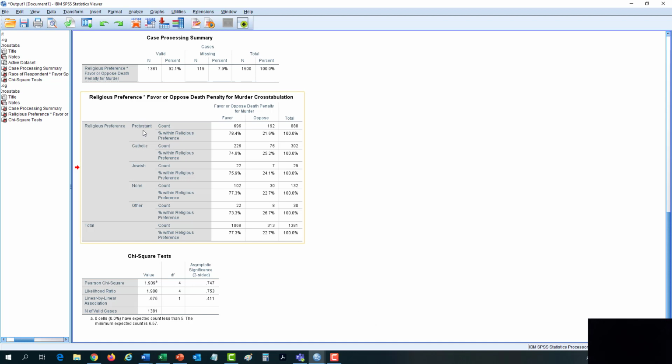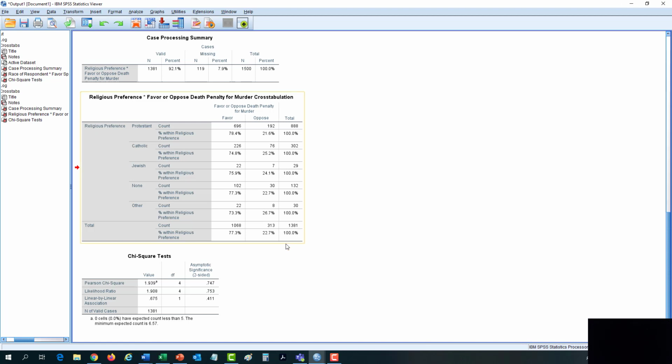So you would point out that Protestants are highest, other religions are lowest. There is no statistical difference. So in that case, you would accept this null hypothesis that a respondent's religious preference would not affect whether they favor or oppose the death penalty.